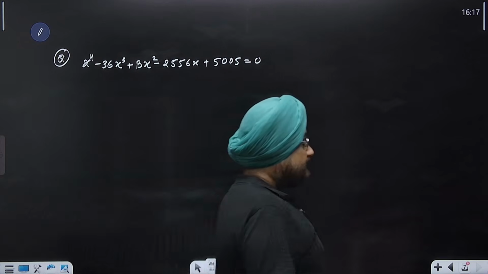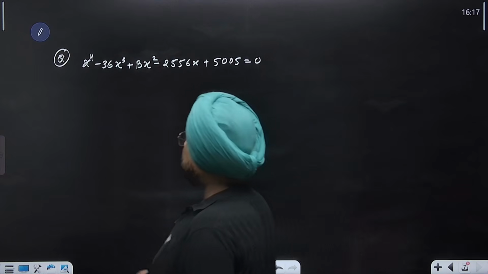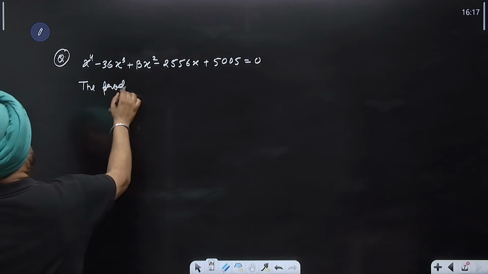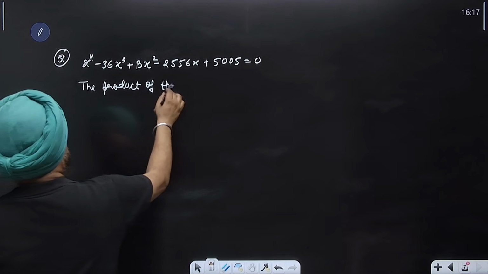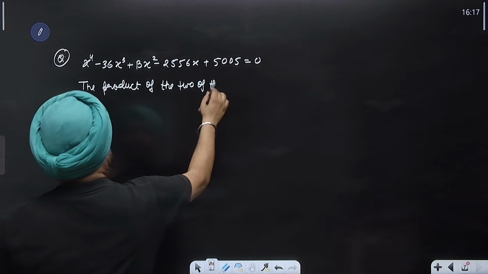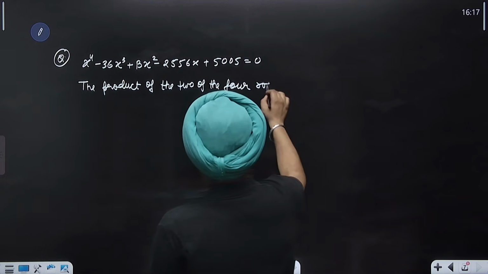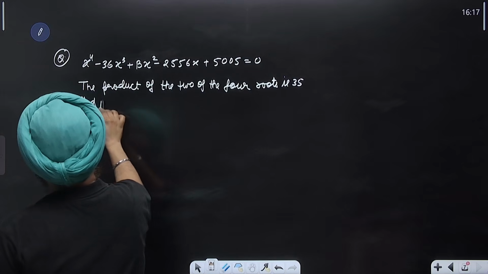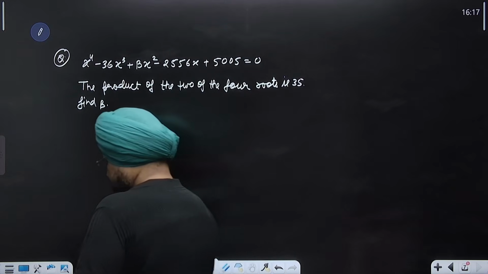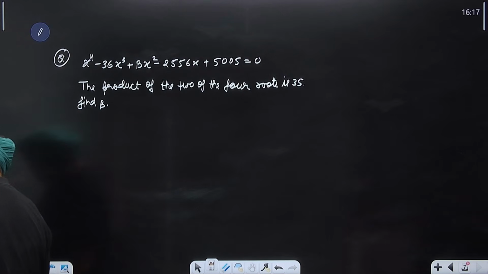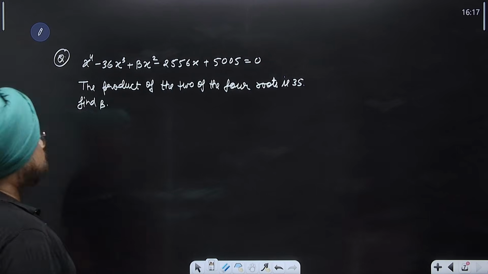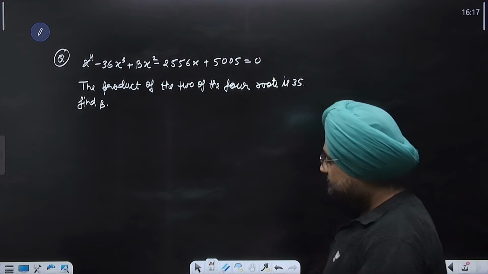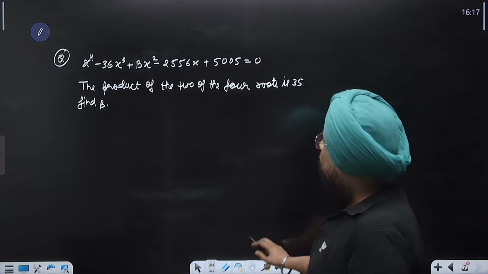In this biquadratic equation, we are given that the product of two of the four roots is 35. We have to find the value of b. The given biquadratic will have four roots, and we are given the product of two of the roots is 35, and we need to find the value of b.